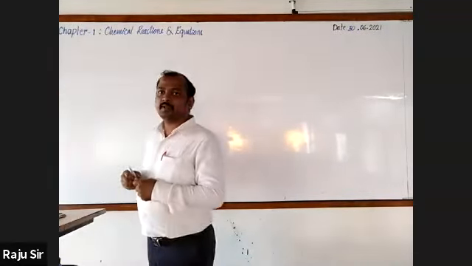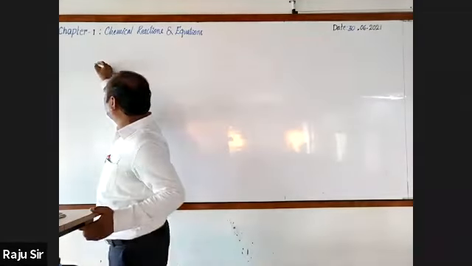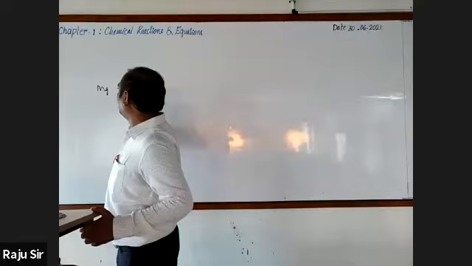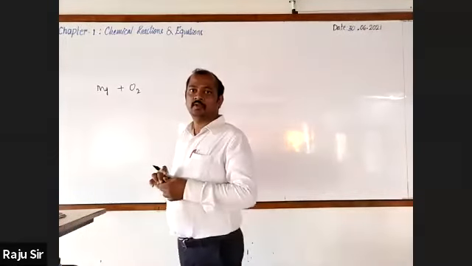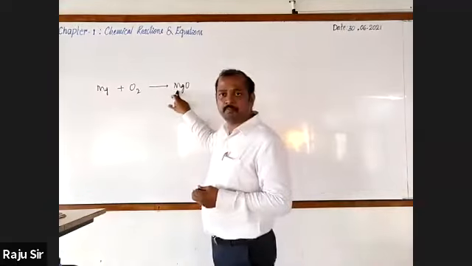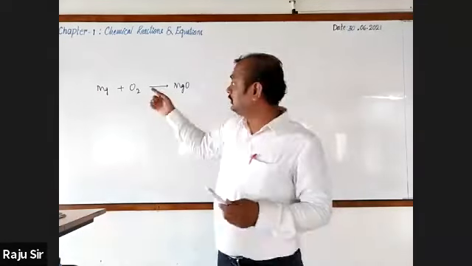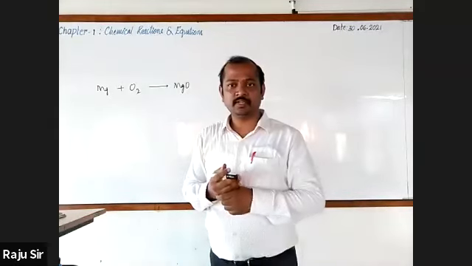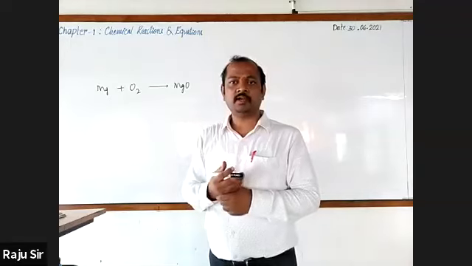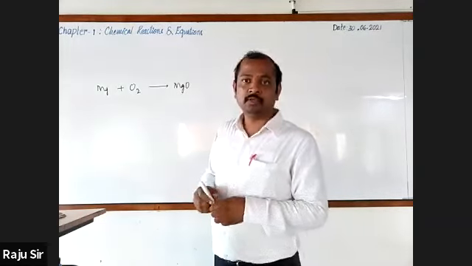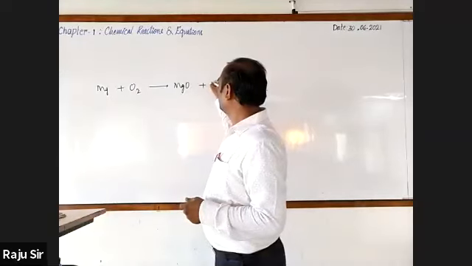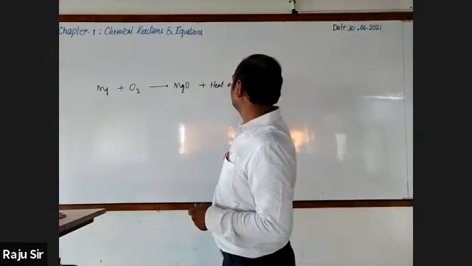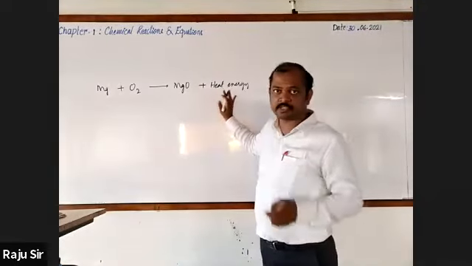You know the chemical reaction: on burning, magnesium ribbon reacts with oxygen to produce magnesium oxide. You will also notice that along with this magnesium oxide, when it is burning, it also produces light energy, which is nothing but heat energy also. So a very good amount of heat energy is formed.